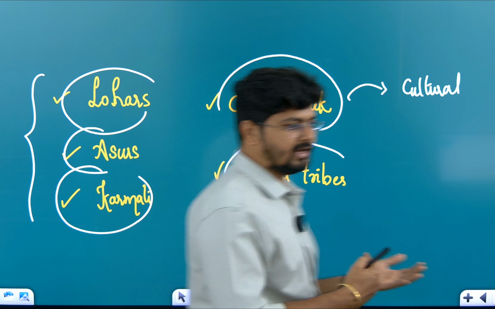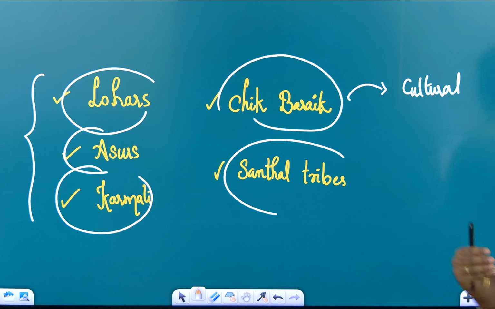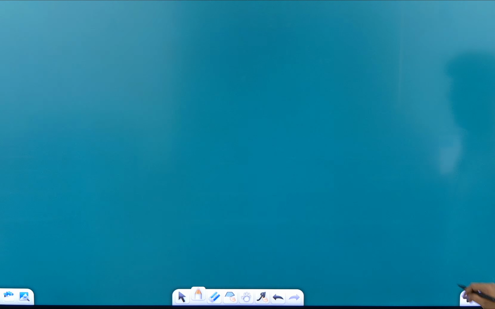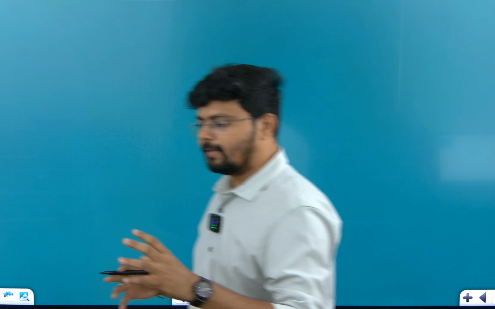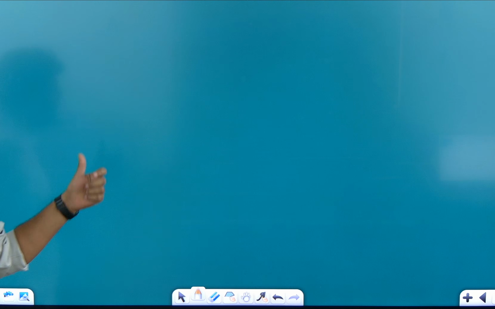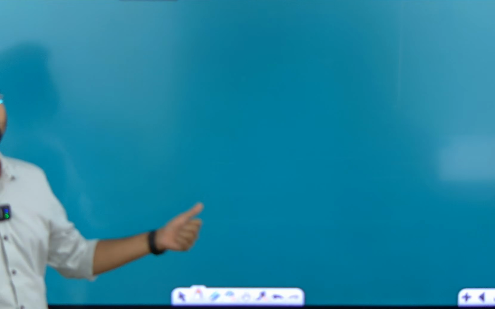We have to articulate in such a manner that our score gets maximized. In order to do that, first you have to write an introduction. In the introduction, what you have to mention is that artisan tribes of Jharkhand form the major component of the state's indigenous population.